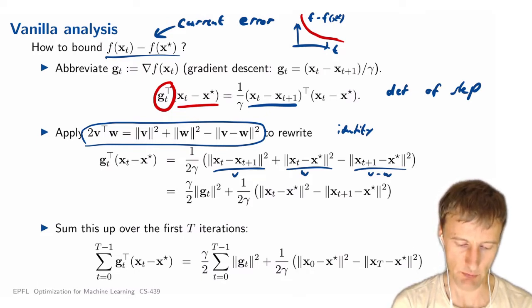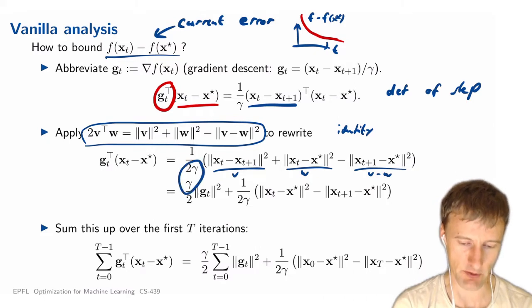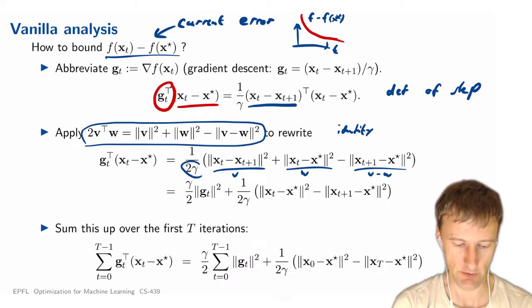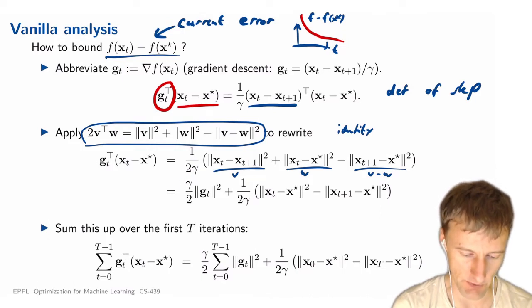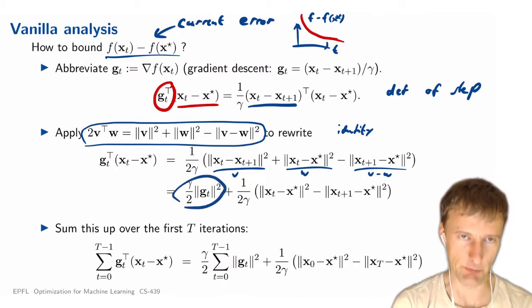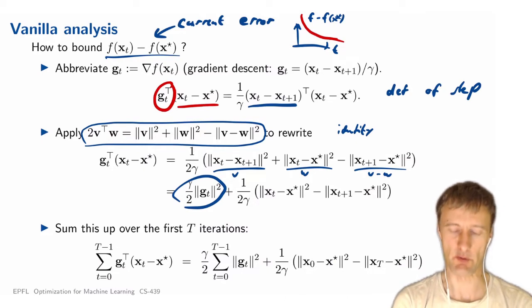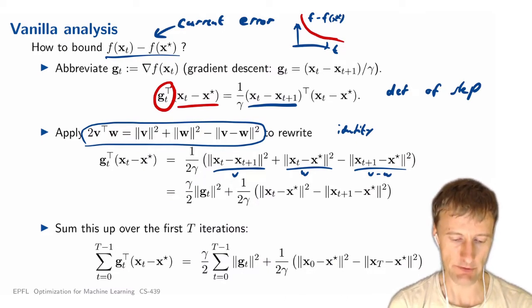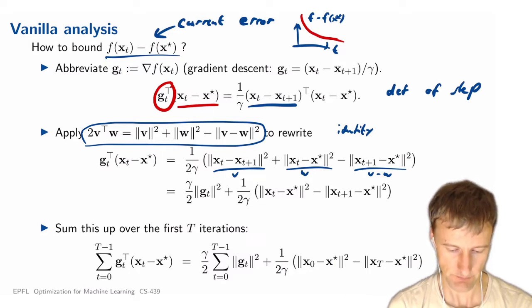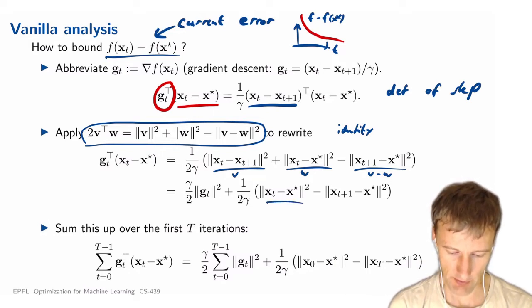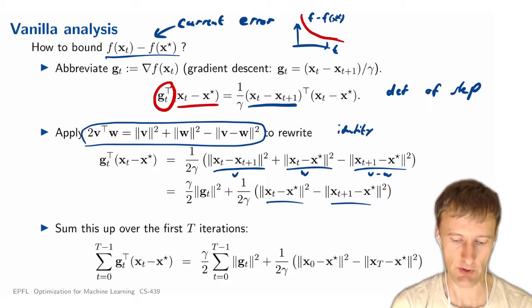Therefore, there will be a gamma square, which cancels with the gamma we had in the denominator here. So that's why now I get gamma times my squared gradient norm here. This is nice because the gradient is a quantity I have available, and we will see that this is going to be helping us to give our convergence rate. On the right side, nothing has happened. I kept those terms unchanged.